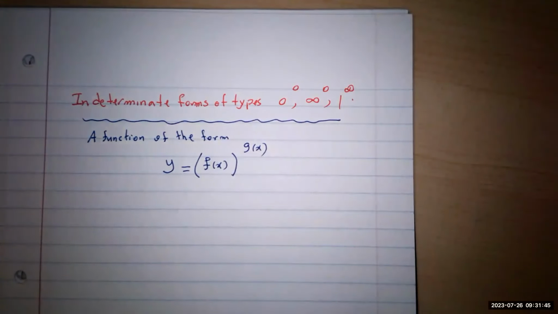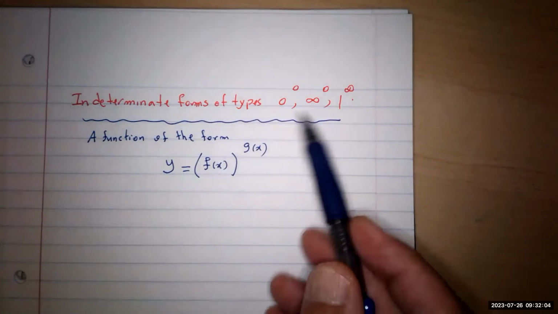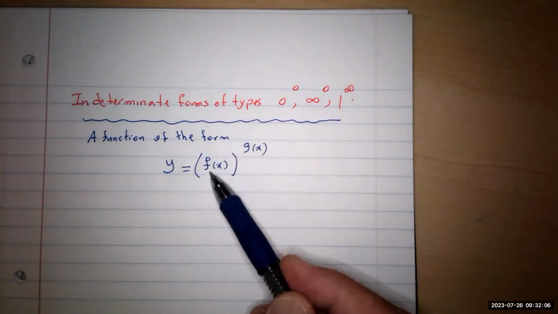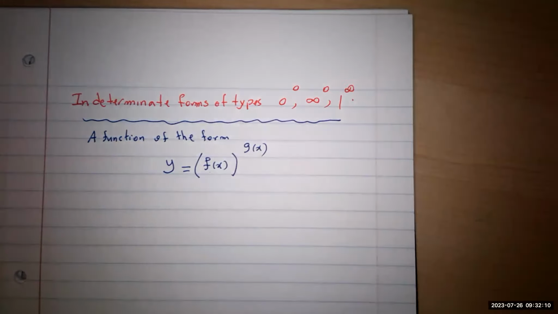Something like x raised to the x, or something like x to the secant x, sine x in your book, or x to the 1 over x. These are the ones that we're going to be interested in. If you want to find the limit of this type of function, you have the function in the exponent, so you have to find the limit of the bottom one and the top one. We want to know how we're going to handle it.